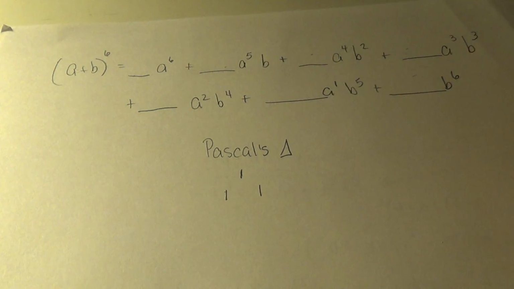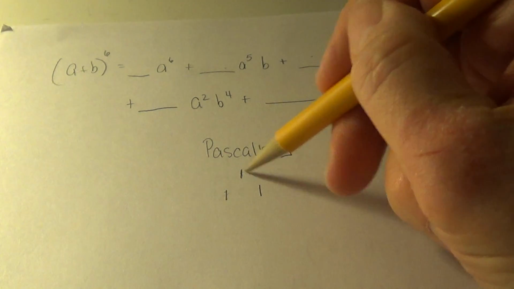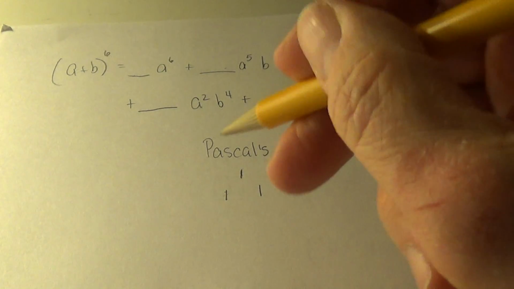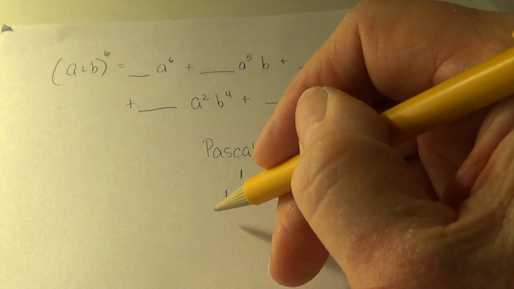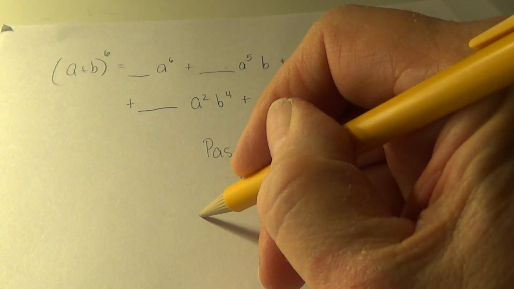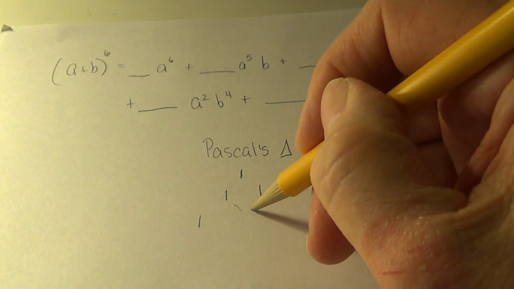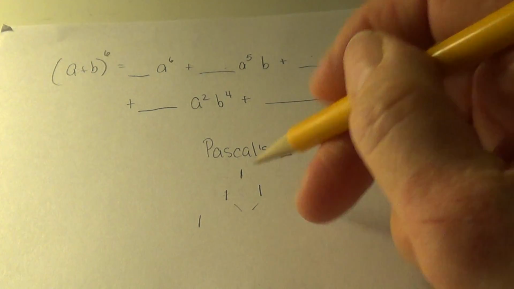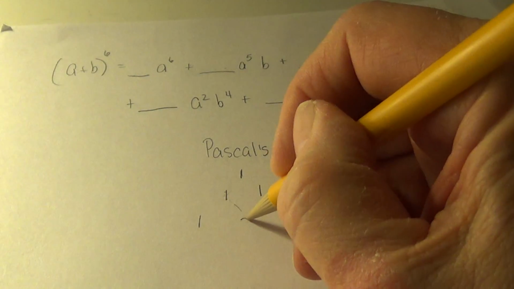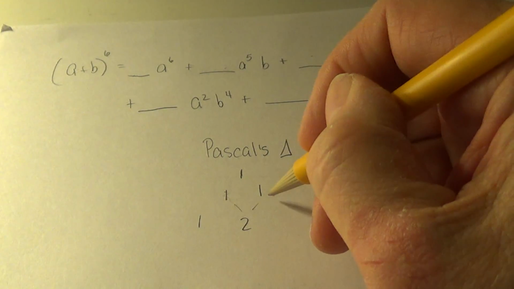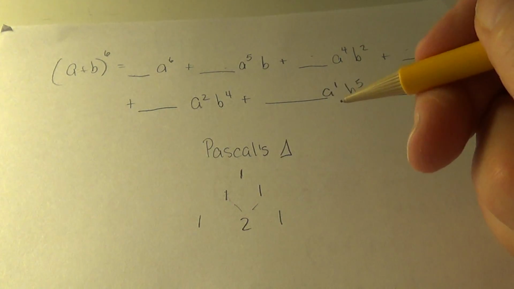That's how Pascal's triangle starts. It's a triangle of ones. Now, each row in Pascal's triangle starts with a 1 and ends with a 1, but the numbers in between can be found by adding the 2 above it.